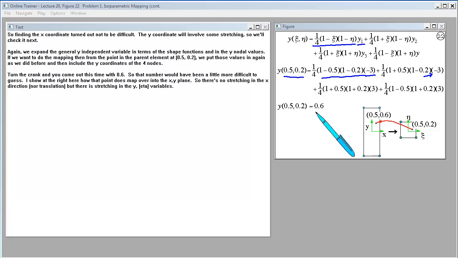Turn the crank and you come out this time with 0.6. So that number would have been a little more difficult to guess. I show at the right here how that point does map over into the xy plane. So there's no stretching in the x direction nor translation, but there is stretching in the y direction.